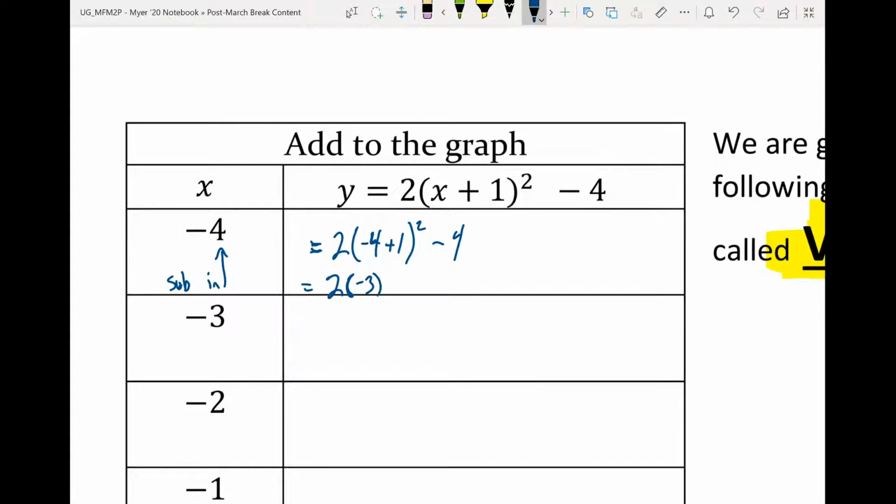So I end up with negative 3 squared minus 4. And I'm going to continue over here. So 2 times negative 3 squared. So negative 3 squared is 9 minus 4. So I get 18 minus 4 equals 14. And I could do the same thing with the negative 3.